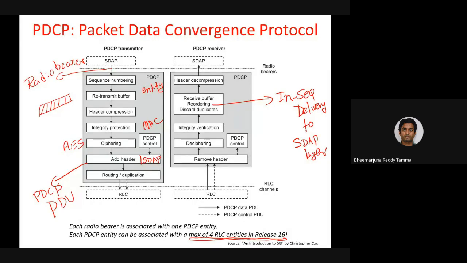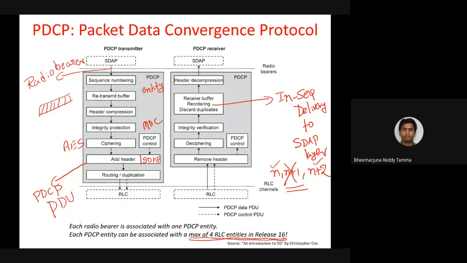Let's say you are sending packets n plus 1, n plus 2, and for whatever reason, assume that the receiver has received n and n plus 2, and n plus 1 has not been received. What the in-sequence delivery says is that the packets should be delivered only in order.